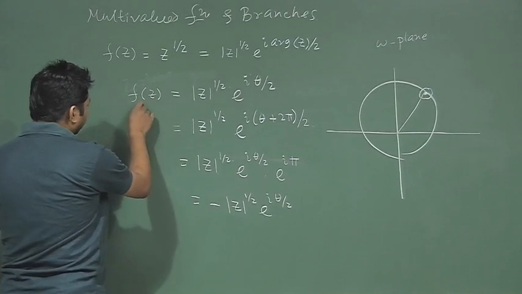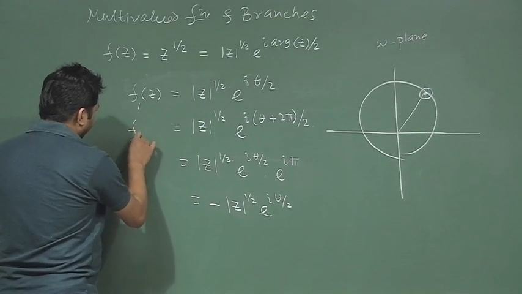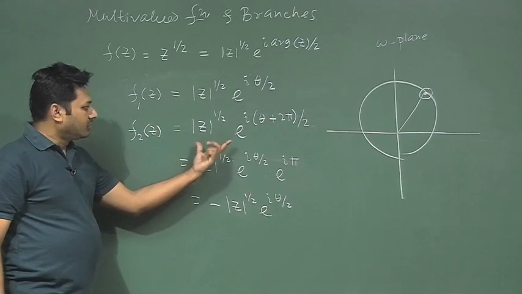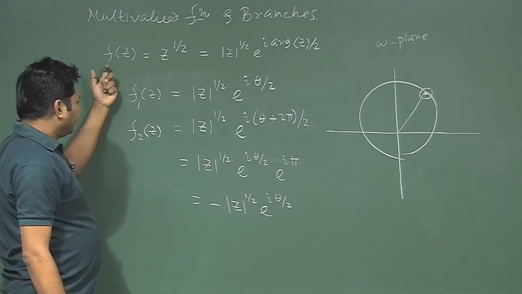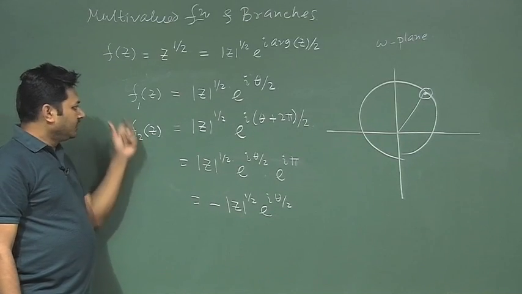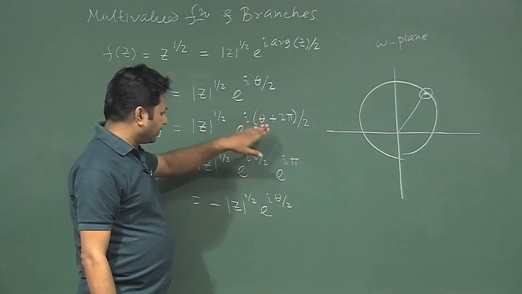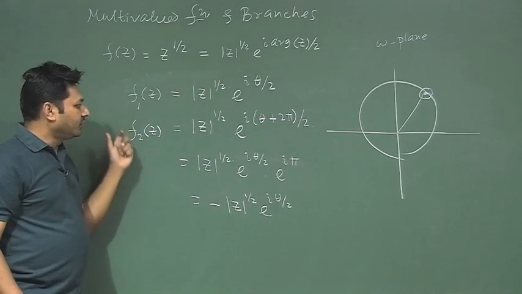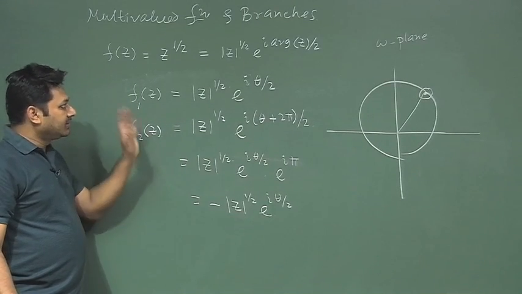If I say f1 gives the positive value, f2 gives the negative value. The total function is f, and f1 and f2 behave like two branches giving two different values, keeping in mind that theta is now changing by 2 pi. So, there are two branches because of which I get two different values for a given function. That is why this is called a multivalued function.